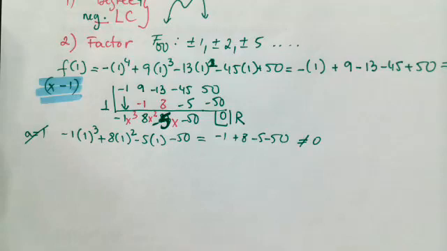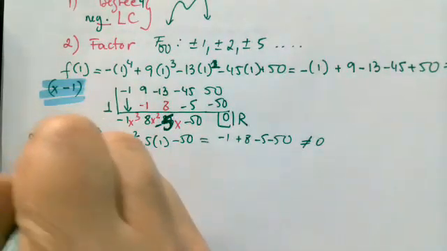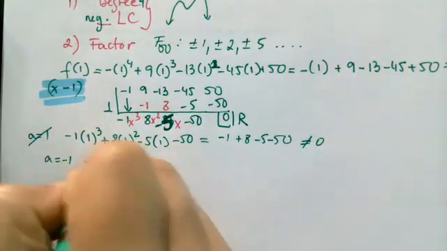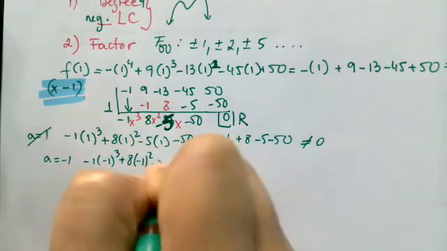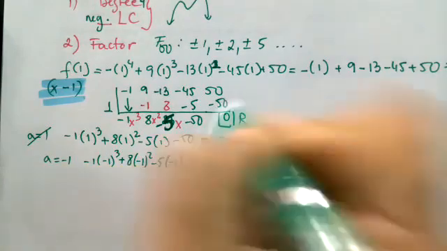We can check negative 1: negative 1 cubed plus 8 times negative 1 squared minus 5 times negative 1 minus 50.